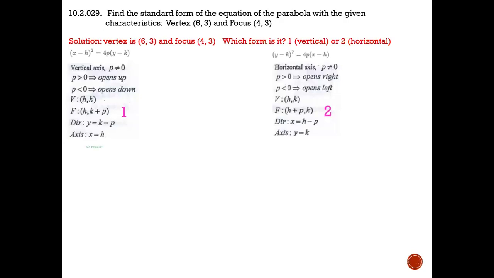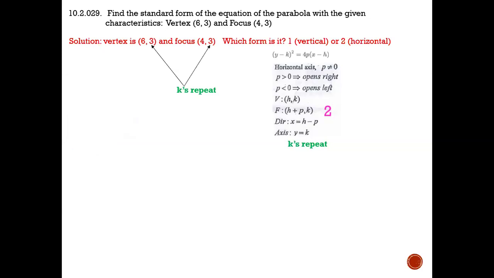When we are using these two equations, we want to look at which values repeat. In this case, k is the repeat, so we're going to use equation 2. So let's go ahead and get started.